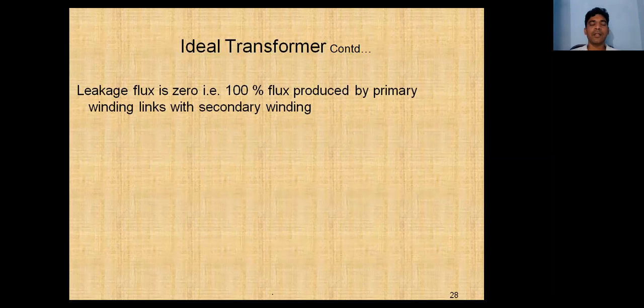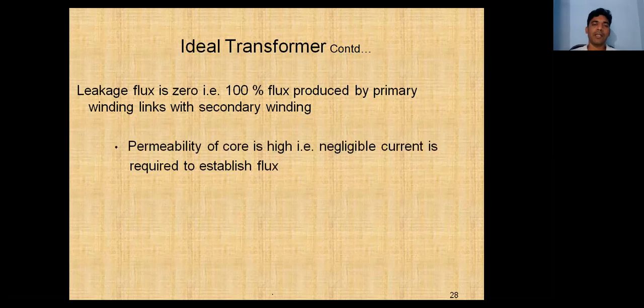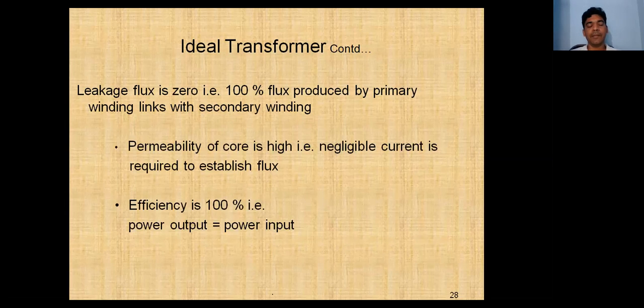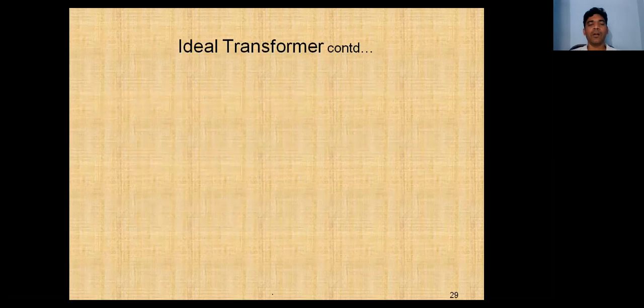Leakage flux is zero, that is, 100% of the flux produced by the primary winding links with the secondary winding. Permeability of core is high, that is, negligible current is required to establish the flux. Efficiency is 100%, that is, the power input is equal to power output.